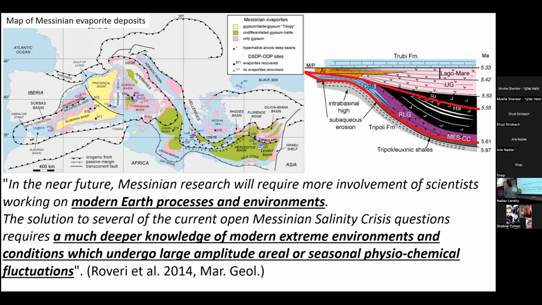So we need to find the processes inside modern environments to observe them, because it's too hard to reconstruct the parts of the puzzle from geology. The solution to several of the current open questions on the methane and salinity crisis requires a much deeper knowledge of modern extreme environments and conditions which undergo large amplitude, aerial or seasonal physiochemical fluctuations. So this is our job. We enter this niche and try to resolve these problems by direct observation.